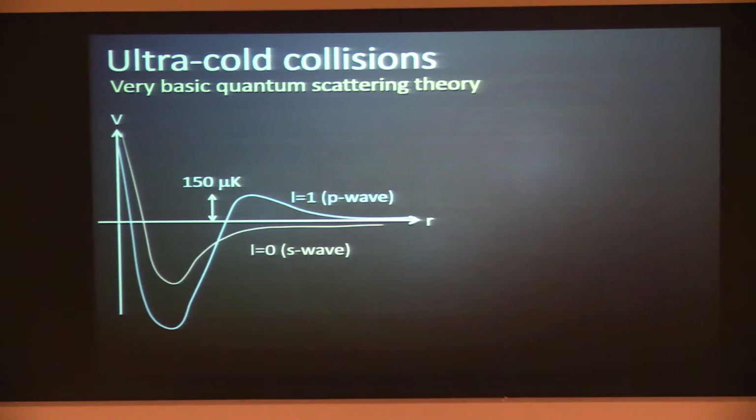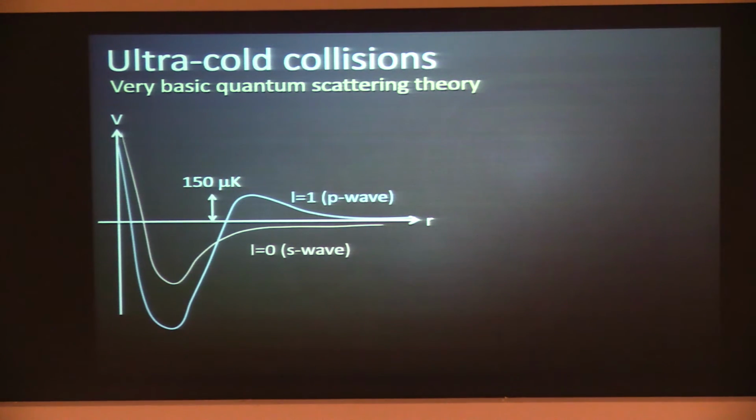Of course, the picture is a little bit complicated because there are all these partial waves. There's an effective radial potential for L equals 0, or S waves. That's this one here. As soon as I introduce some angular momentum between the colliding atoms, for example L equals 1, there's a P wave centrifugal barrier here.